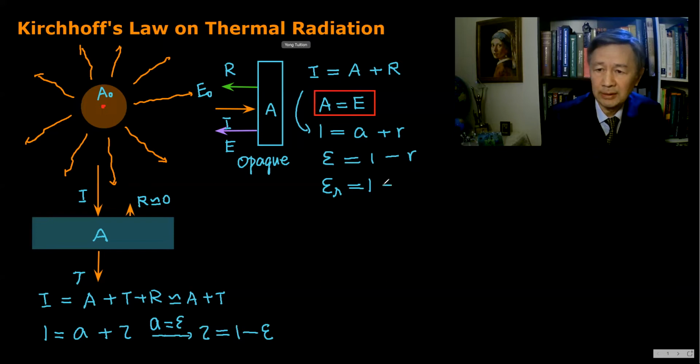And that's another form of Kirchhoff's law. So we can also write this as tau lambda equal to 1 minus epsilon lambda.